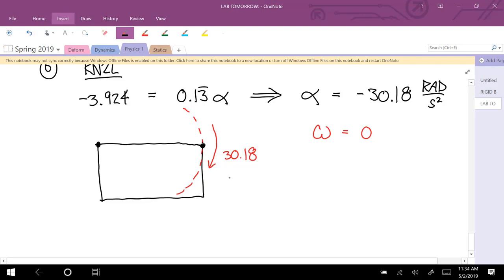And so based on this direction of the angular acceleration, what's the direction of the tangential acceleration? Down, yep. So this is the tangential.